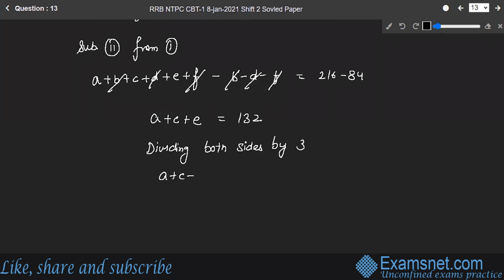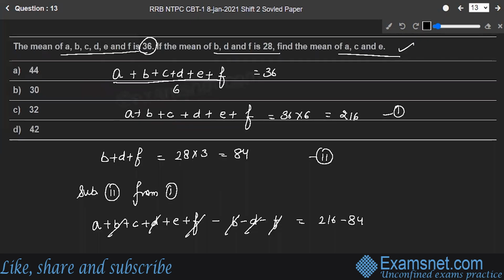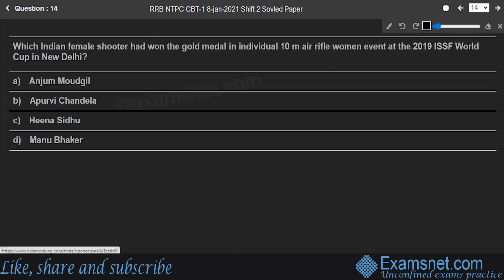So (A + C + E) / 3 = 132 / 3, that is equal to 44. So 44 is the correct answer, option A. Hope you have got this question well. Let's move to the next question, number 14 now.